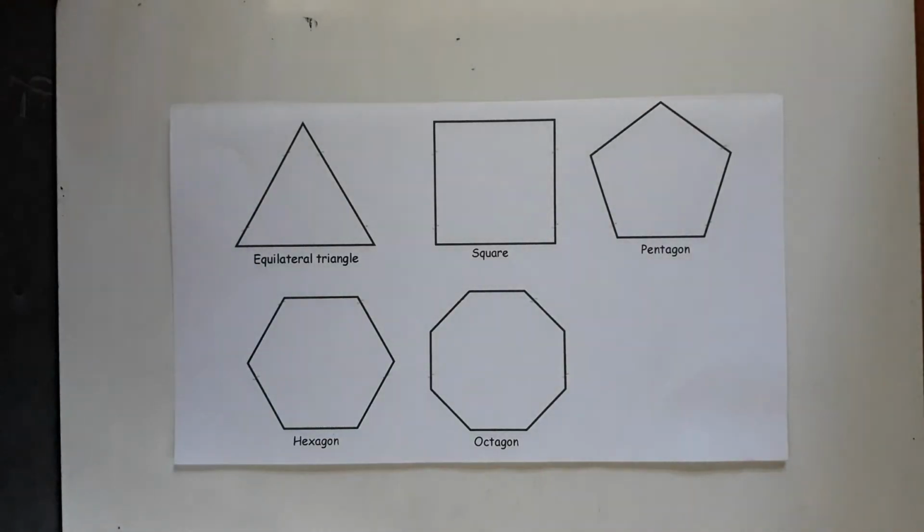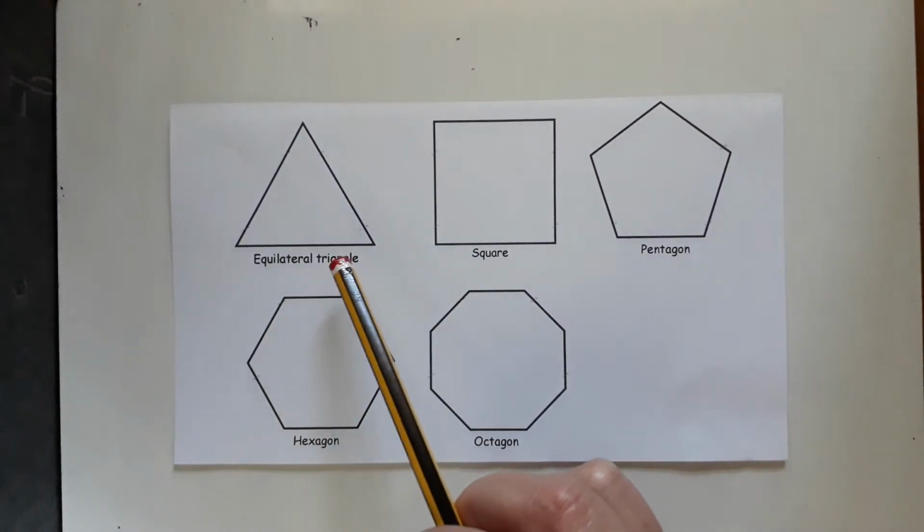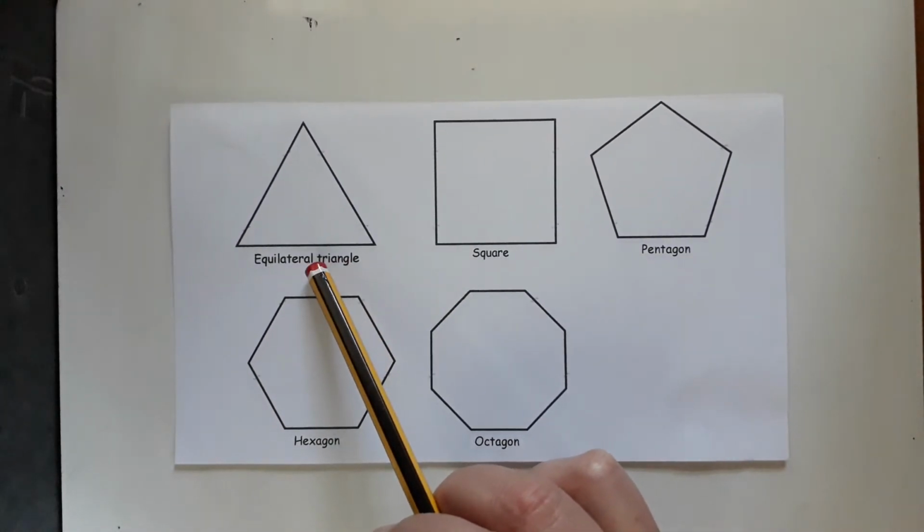Okay, so here are a set of regular shapes, and you should know that regular shapes mean that the sides of the shape are equal length and the angles of the shape are equal. Our three-sided shape is an equilateral triangle.